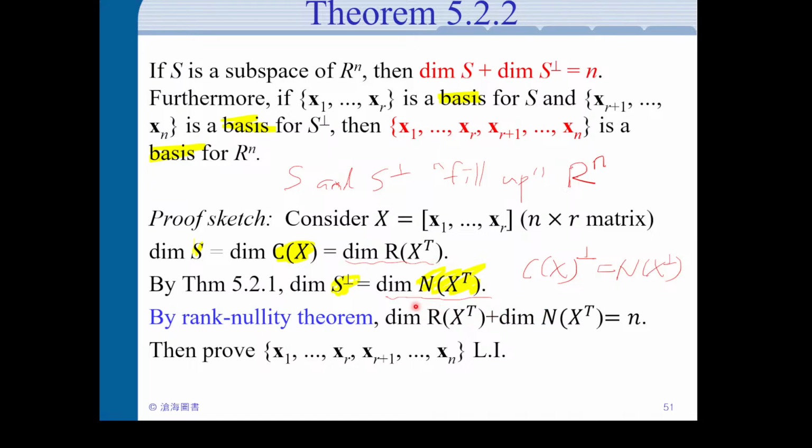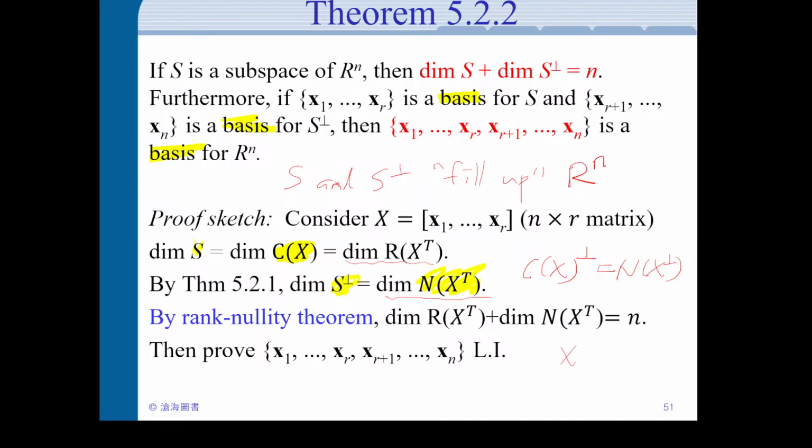Those two things are the dimensions of two subspaces of X transpose: the dimension of the row space and the dimension of the null space. And we know the dimension of the row space plus the dimension of the null space, by the rank-nullity theorem, is just the width of this matrix.